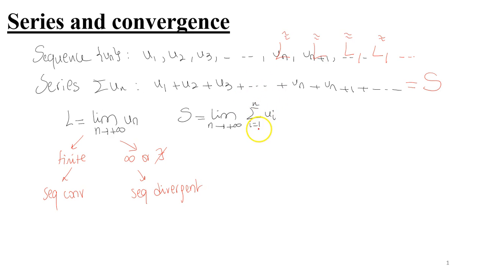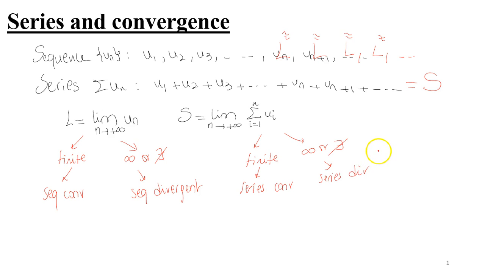Similarly for S, the sum or the limit of the series: if it's finite, the series is convergent, while if it's infinite or does not exist, the series is divergent.